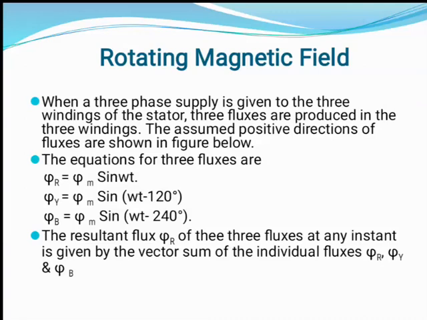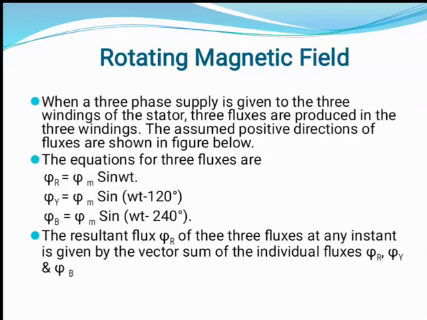The resultant flux φr of these three fluxes at any instant is given by the vector sum of the individual fluxes φr, φy and φb. So the resultant flux can be found by taking the vector sum of these three individual fluxes.